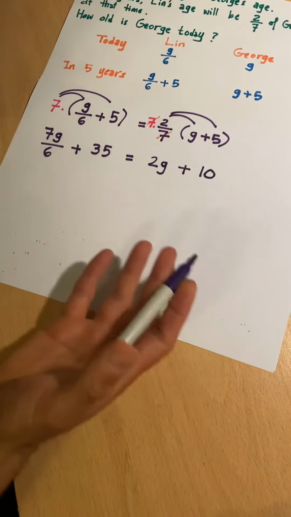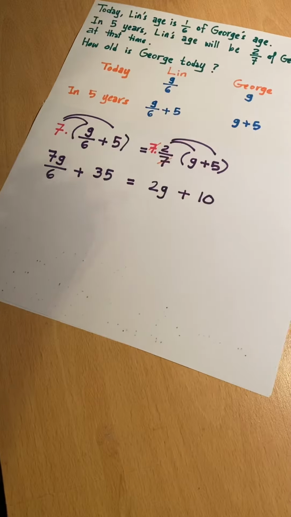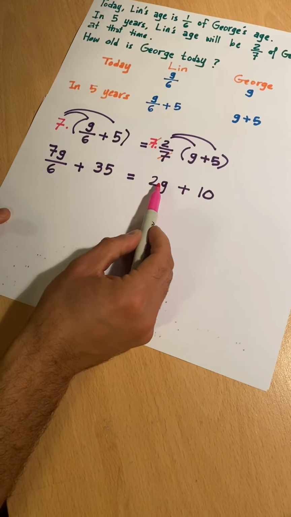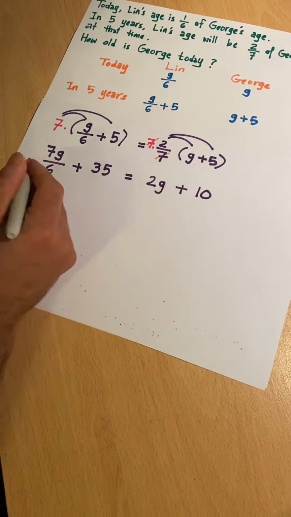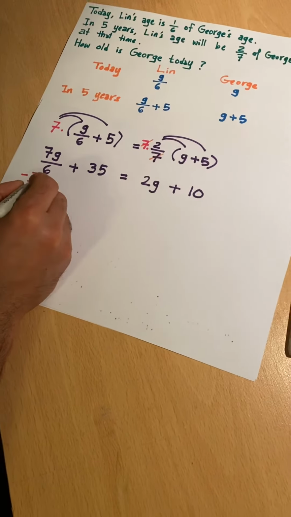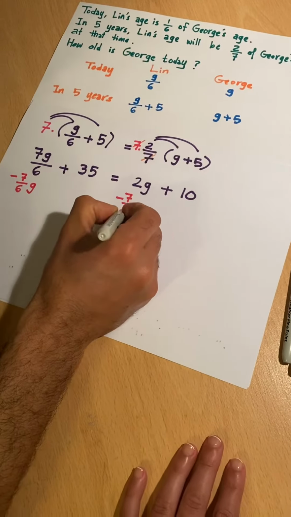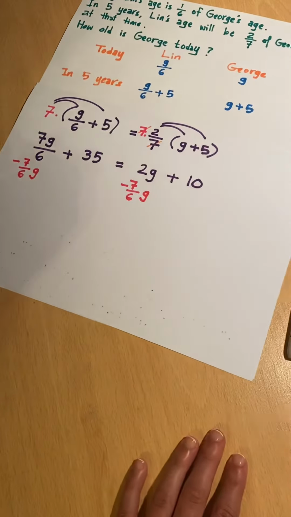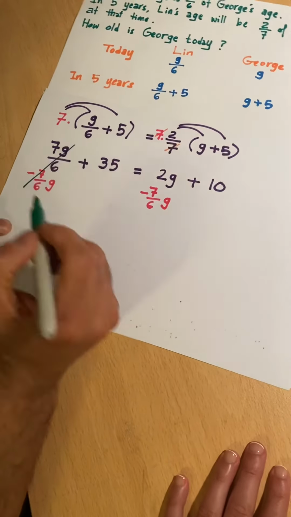Okay, this is less scary than before. We want all the G's on one side, 2 G's on one side. This is 1 and 1/6. So let's do minus 7/6 G on this side, minus 7/6 G on this side. Let's just do that once, step by step. That's going to cancel. That goes away. And what do we have here?